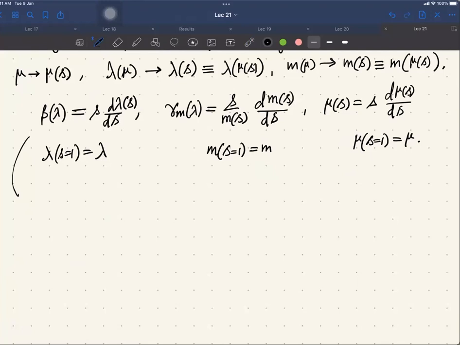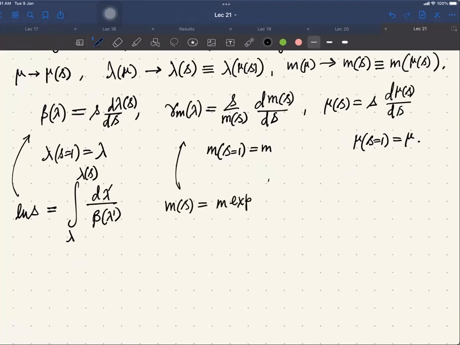Then we could integrate this equation to write log s to be equal to integral d lambda prime over beta lambda prime, lambda to lambda s. And this equation can be integrated to write m of s to be equal to m times exponential integral ds prime over s prime times gamma m of lambda s, 1 to s. Okay.